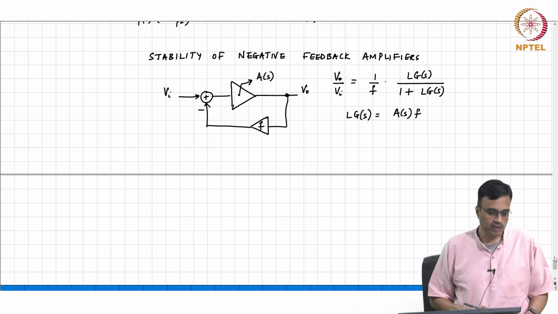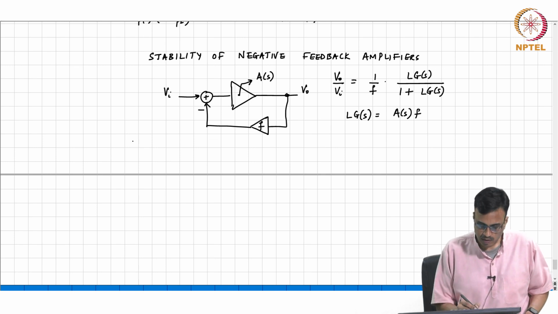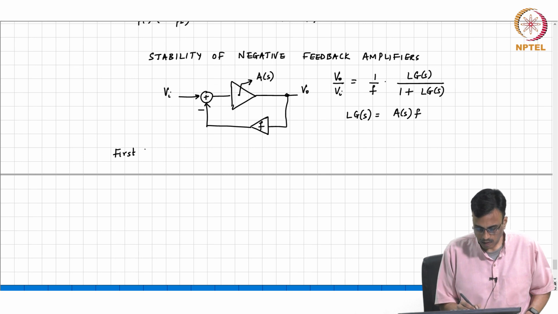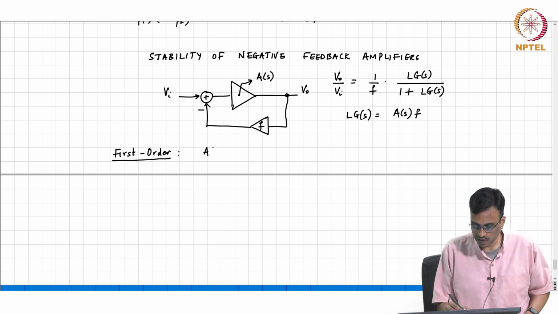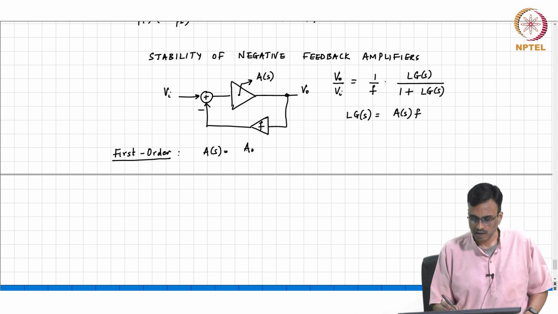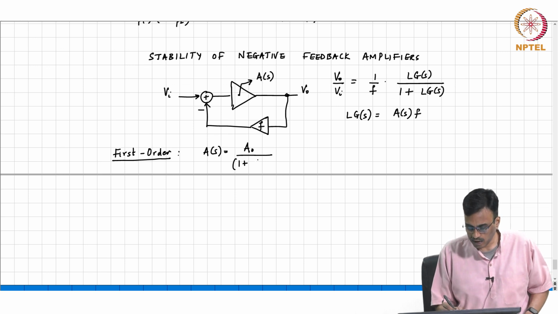So let's start with the simplest possible system. Let's say a forward amplifier which is first order. So A of S is nothing but A naught, the DC gain, and there will be a single pole. So let's call that S by omega naught.